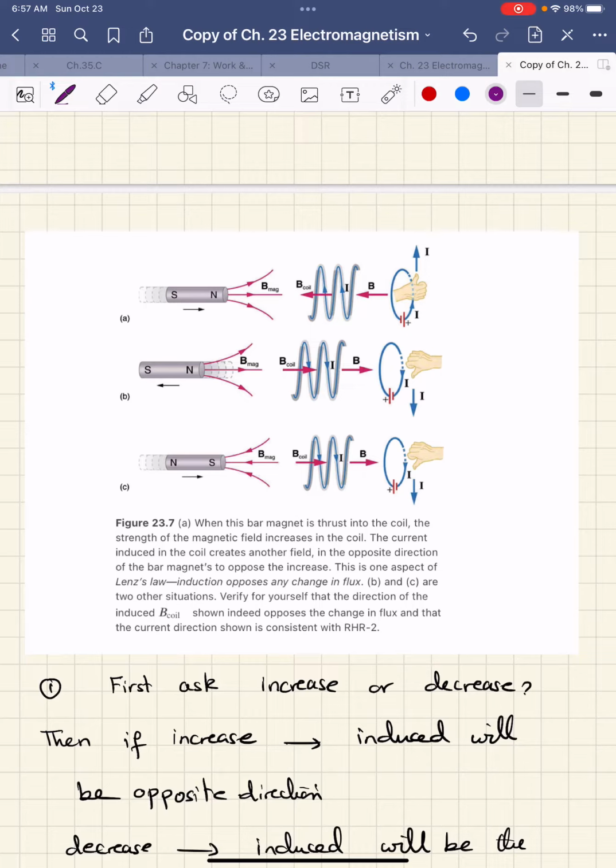When it is approaching with a north pole here, I will say this is original. And the strength of the magnetic field increases in the coil, and then the current induced in the coil is going to create another field in the opposite direction.